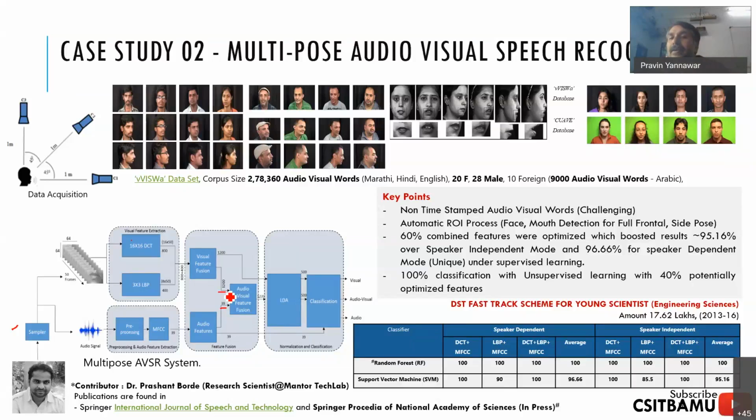That is speaker independent. So in order to check the robustness of your system, you need to work with both, speaker dependent and speaker independent. This is also very important. We have got these results, and these results have been presented in journals. Okay, so let us go forward.